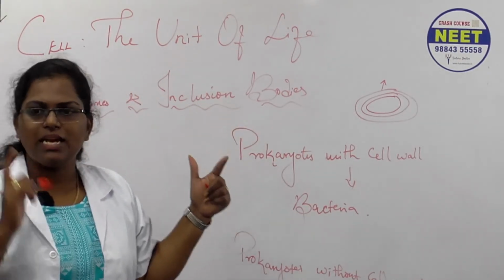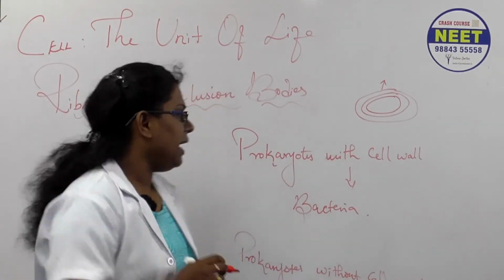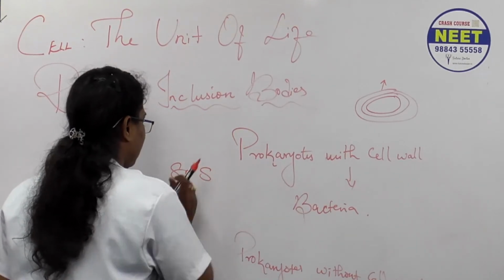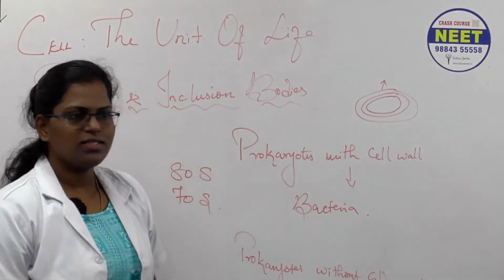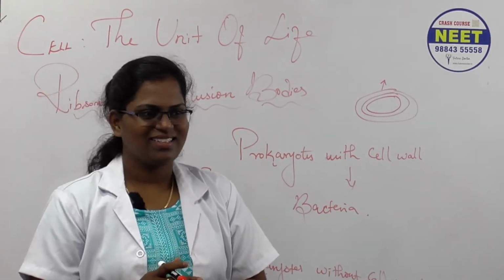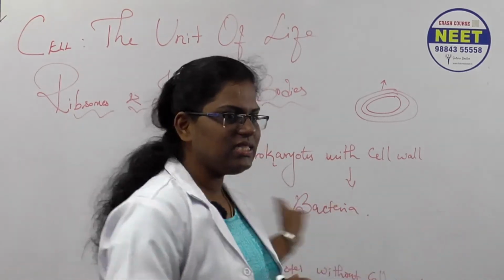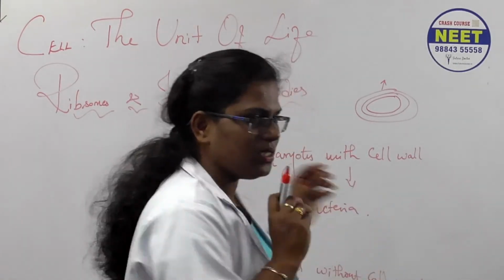It is having some sedimentation, so it is called 80S or 70S. What does S stand for? Svedberg unit. So 80S and 70S stand for Svedberg units, because Svedberg invented this.